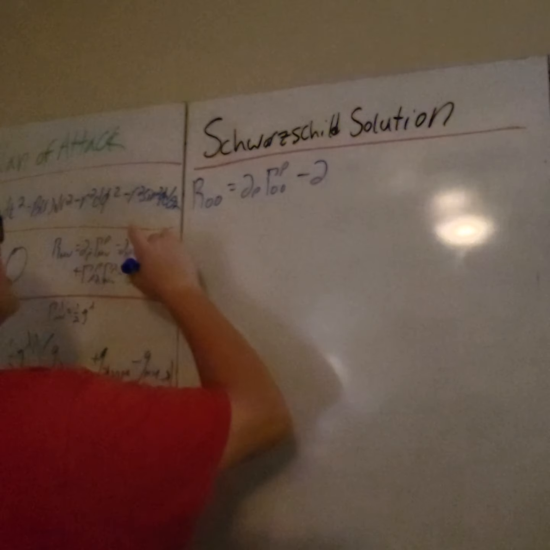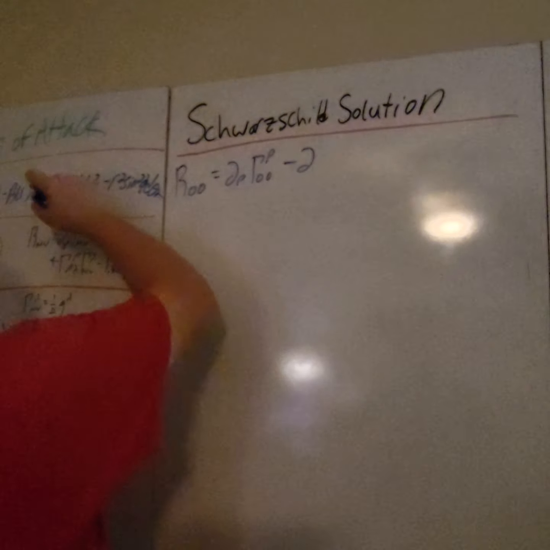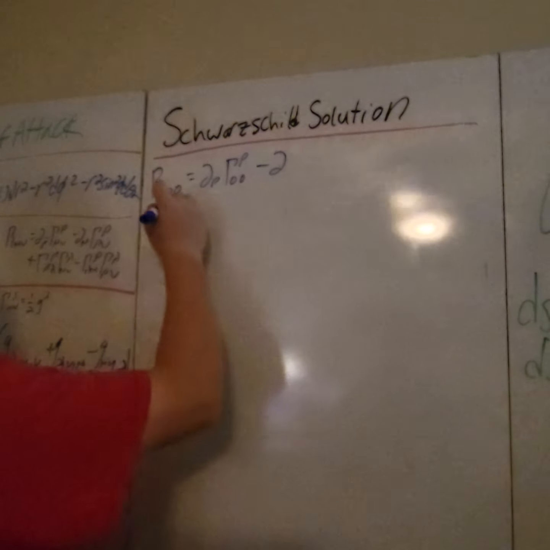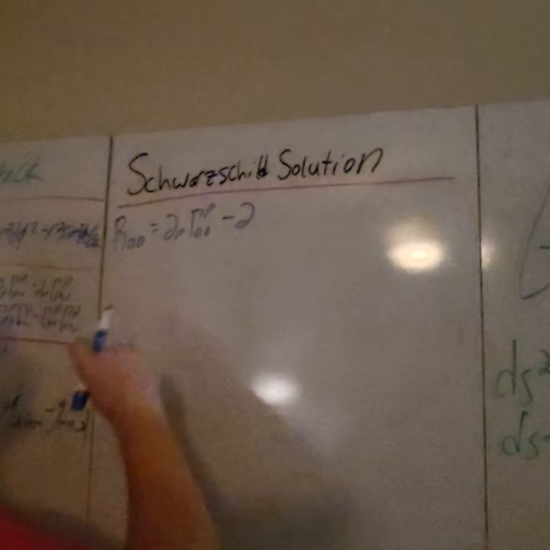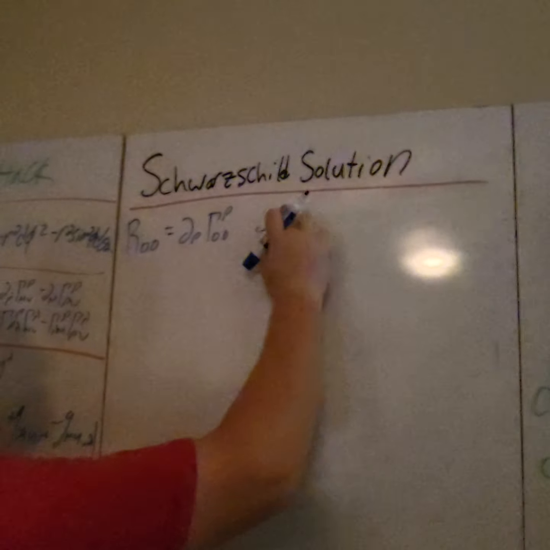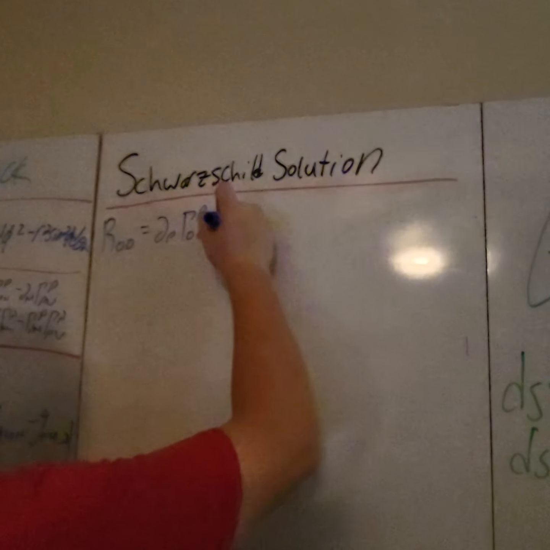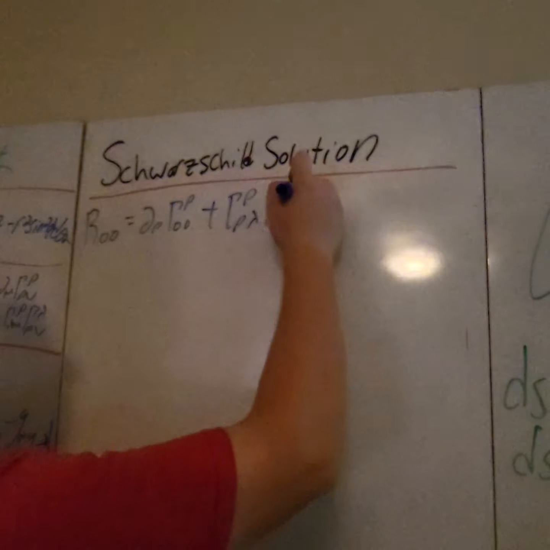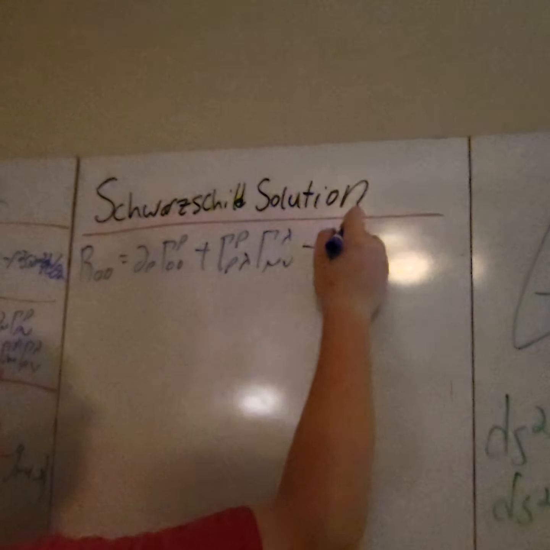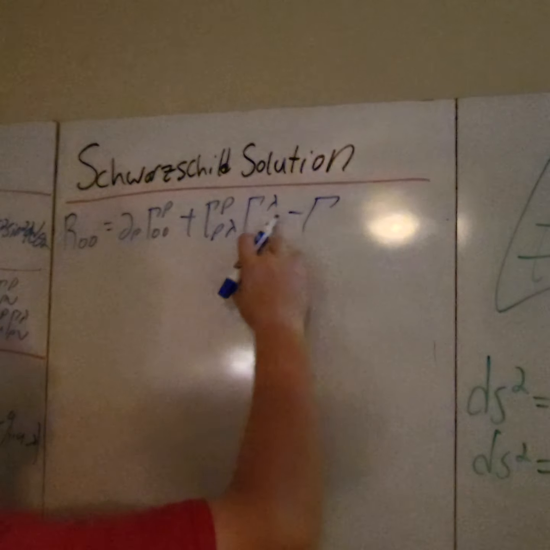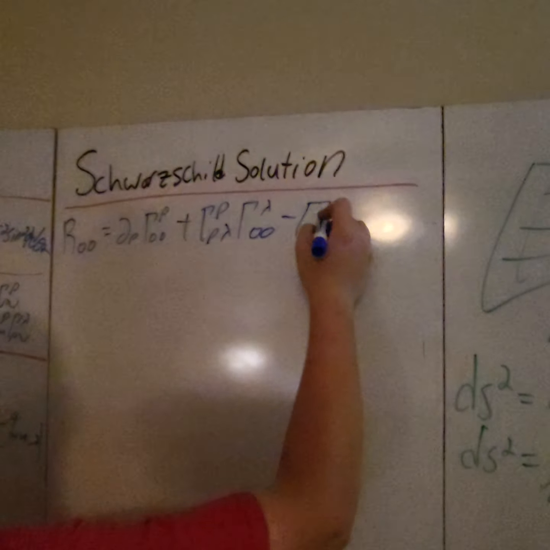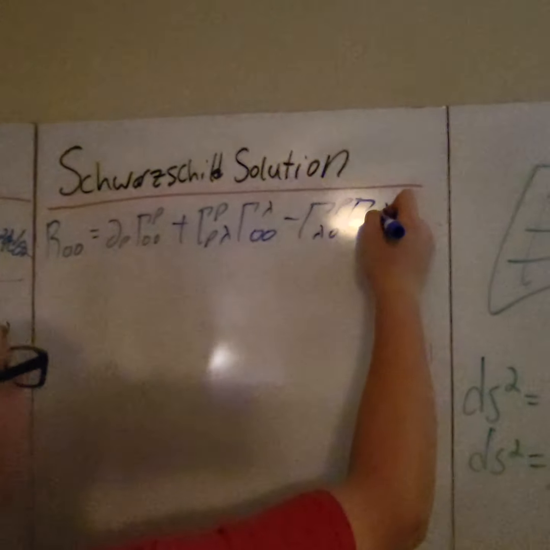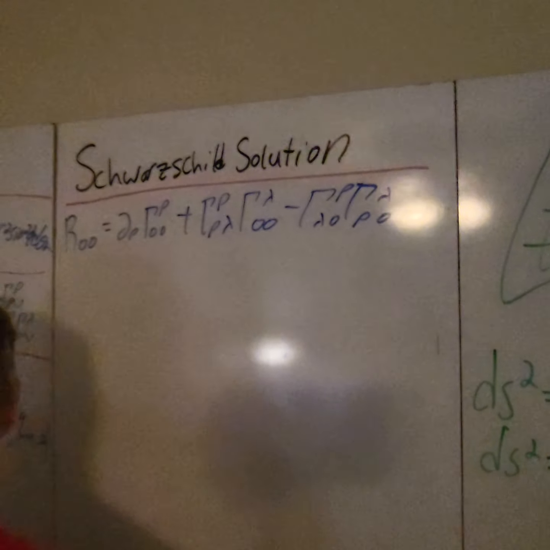Right off the bat, we know that there's no time dependence in any of this, so our time derivative there is going to be 0, so we can ignore that.